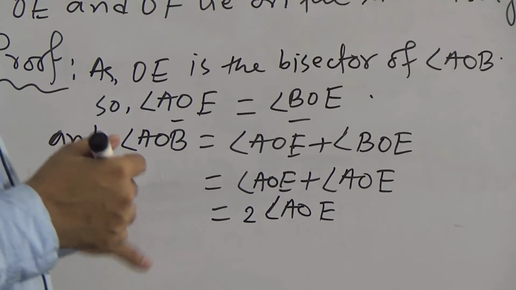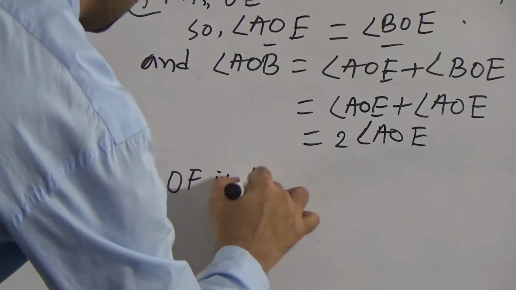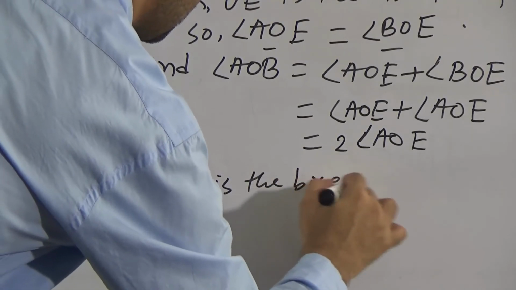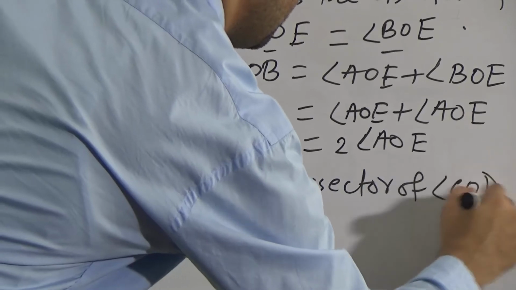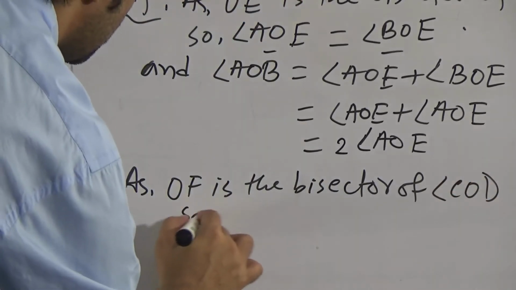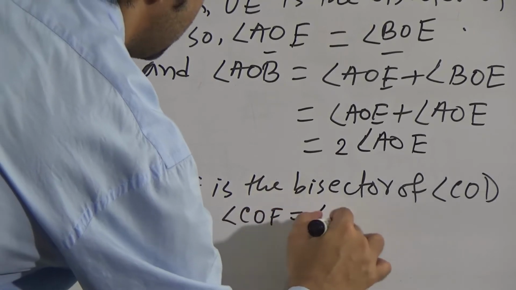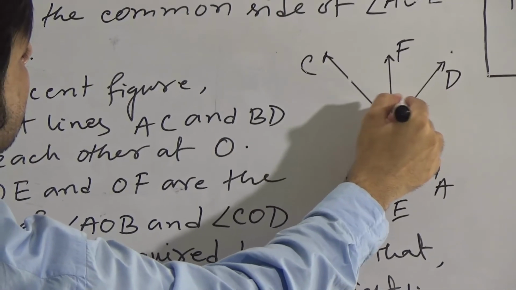Now we can say, similarly, OF is the bisector of angle COD. So we can write angle COF is equal to angle DOF. Now see here, COF means this angle and DOF means this angle.